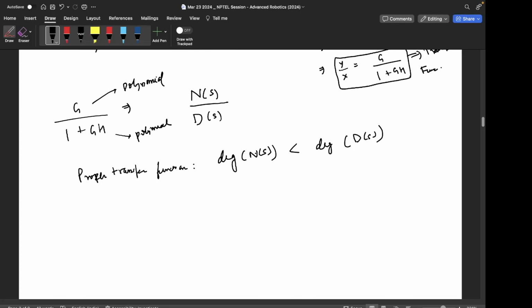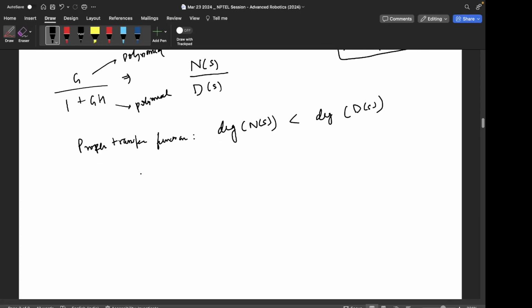And we will see why this is important. Most of the transfer functions which you will see will satisfy this criterion, right? And this ratio will go to infinity when D(s) is 0, right?